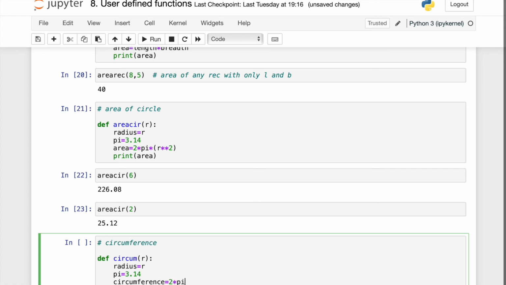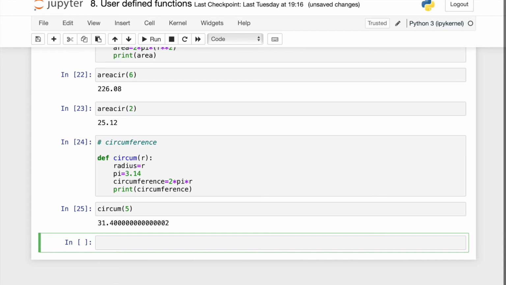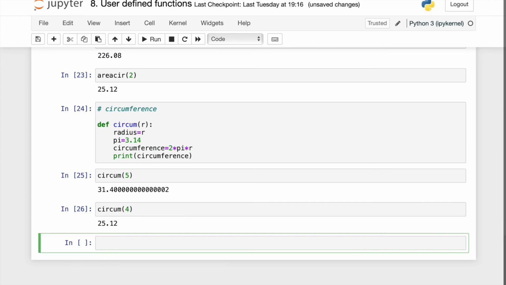Now print circumference. I'm saying the radius is 5. So 2 pi r, 2 into pi into radius. So it is giving us the value. We can find the circumference of any circle with radius 4, 25.12.